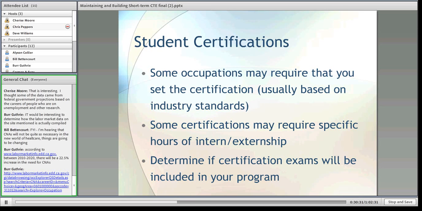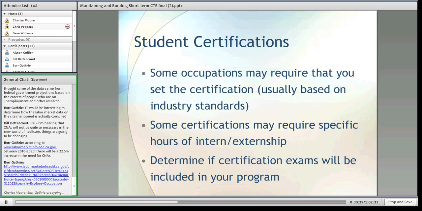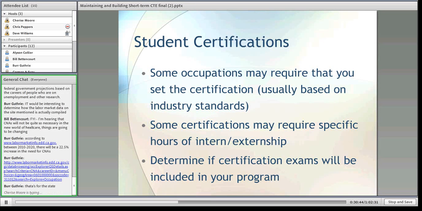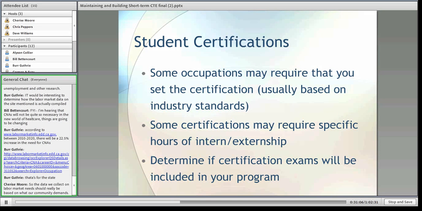Otherwise, they tend with it. So we have always tried to incorporate part of the program to ensure that the students that are completing the program have the opportunity to get those certifications through an exam. That's when we talk about budgeting and how you do that.